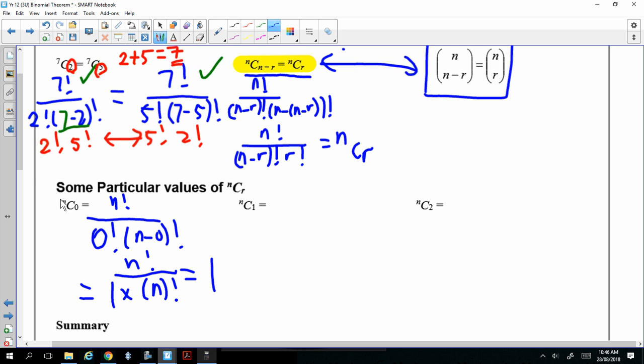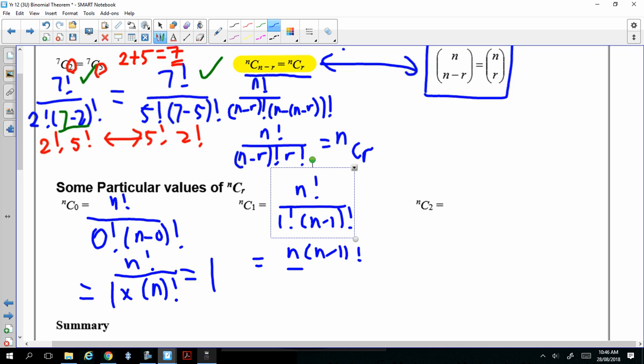Whereas nC1, if I use the formula, becomes n factorial over 1 factorial times (n minus 1) factorial. If we unroll the top, it will cancel. So you will see these two cancel, so you end up with n. So nC1 always equals n. That's a useful one to know.